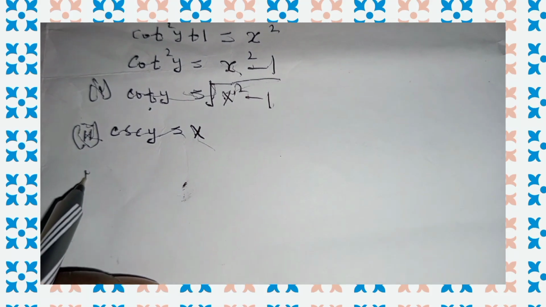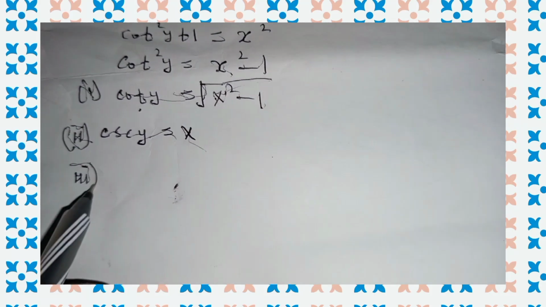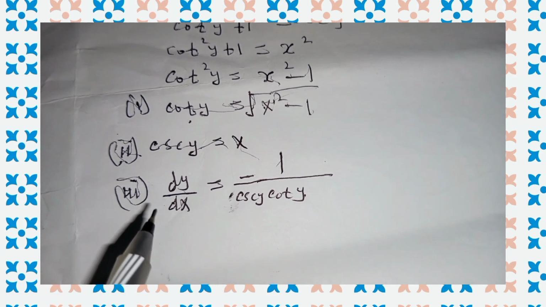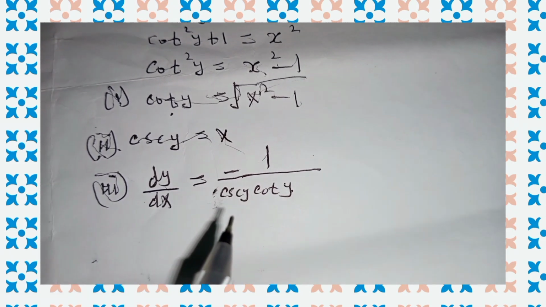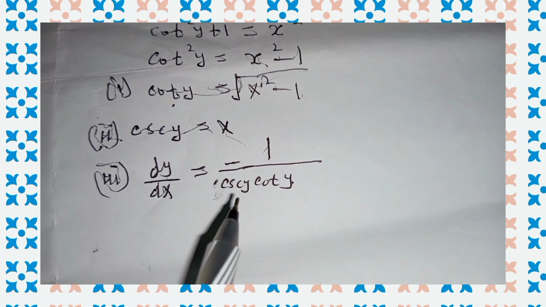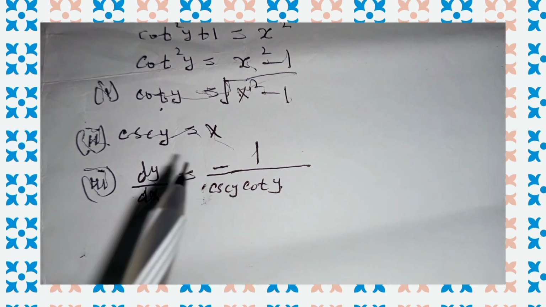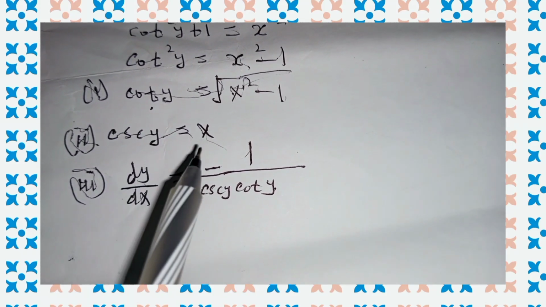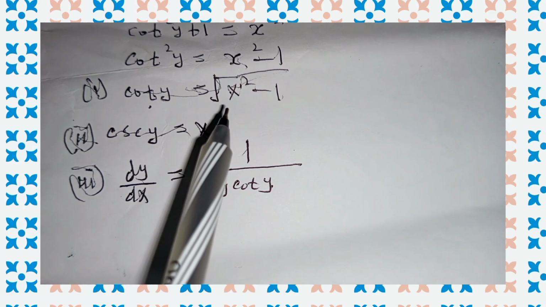Then I call this equation Roman 3. So equation 3 is dy over dx, which is equal to -1 divided by cosec of y cot y. So we are going to substitute cosec of y with x and cot y with square root of x squared minus 1.